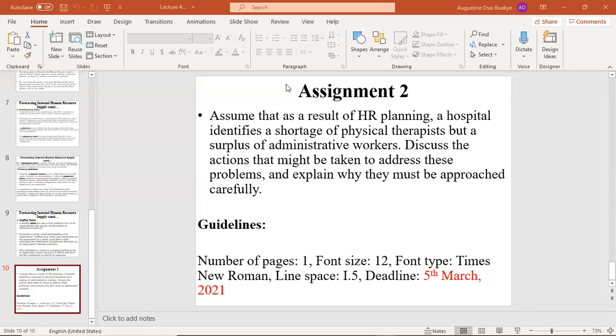I explained the different categories under it, and then I gave my conclusion regarding why it is a continuous process. Okay, all right.